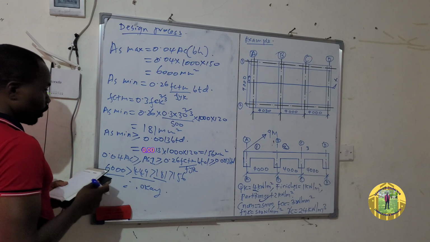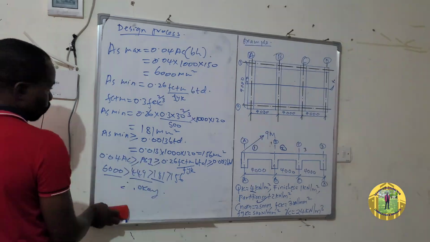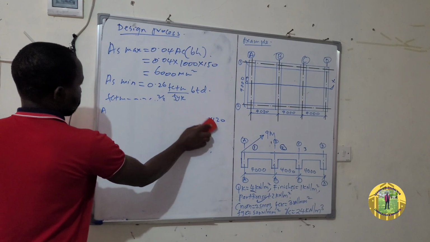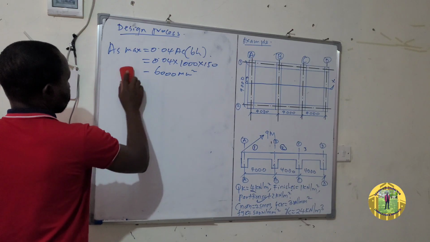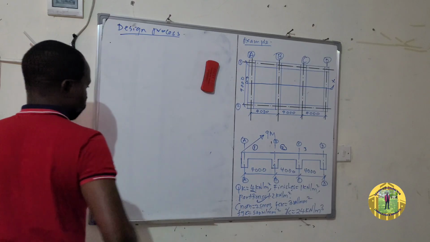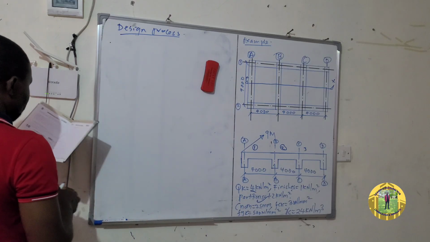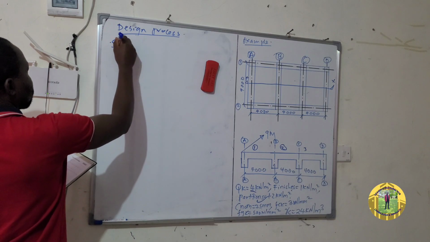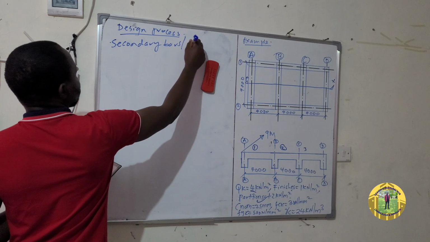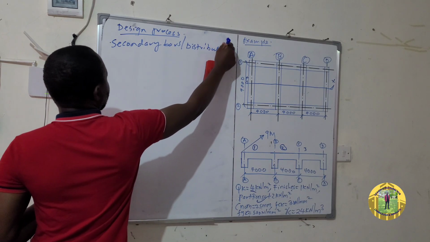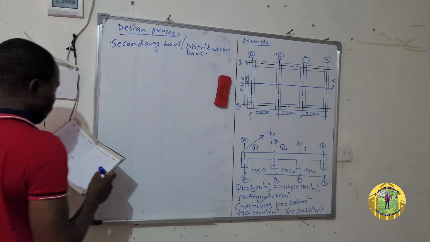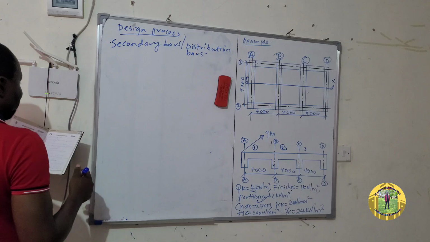Then we proceed to secondary bars, or distribution bars. So for the secondary bars or distribution bars, it is given by this formula.